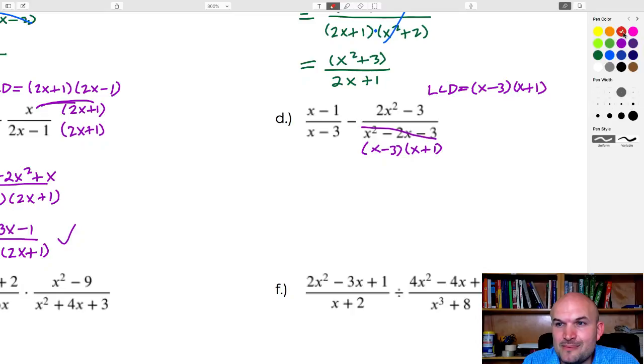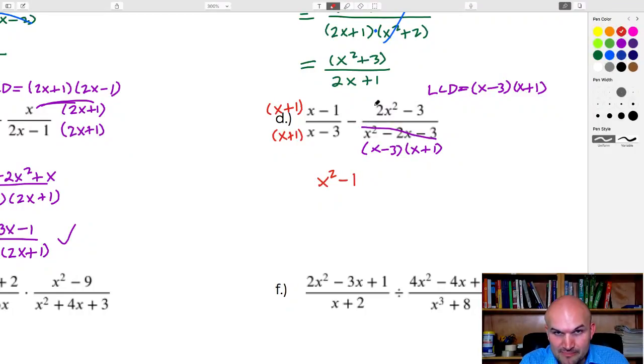So now we've identified my LCD. What's nice is I already have the LCD here, so I don't need to multiply this by anything. All I need to do is multiply over here times x plus 1. Now the nice thing here is I have a difference of two squares, so that's going to give me x squared minus 1.